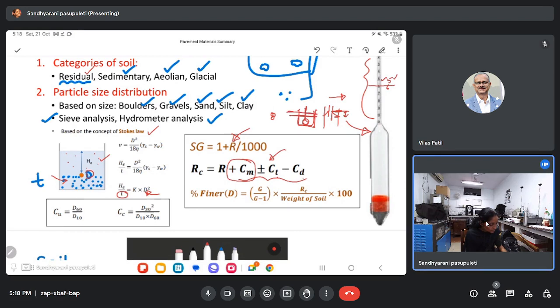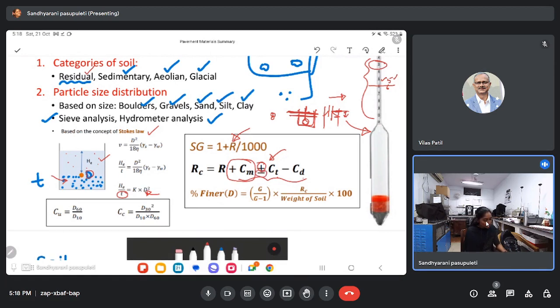When it is sinking more, the reading would be at the top, and reading at the top means a lower value. When the reading is a lower value, we are supposed to increase it. So if the temperature increases, as the density decreases, the correction for the temperature would be positive. But if the temperature is decreasing, then the correction would be negative.